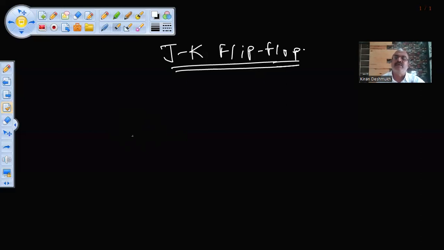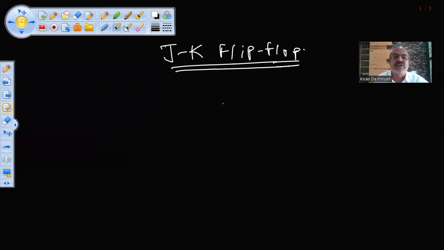D flip-flop has the advantage of no invalid state, but there is only one input. So the JK flip-flop removes the drawback of the RS flip-flop, that is, there is no invalid state, as well as there are two inputs, J and K, which is the drawback of the D flip-flop, that is also improved upon in the JK flip-flop.